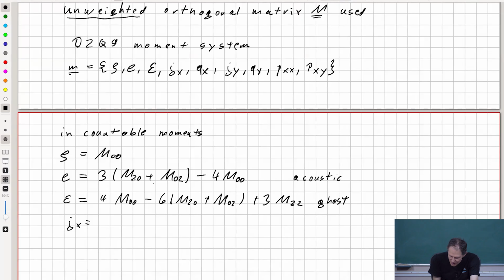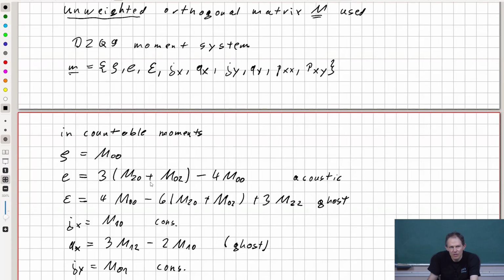Jx, now this is simple. This is M10. This is, of course, a conserved moment. And then Qx is 3M12 minus 2M10. This is again a ghost. Then we have Jy, which is simply M01. It's conserved. Any question?